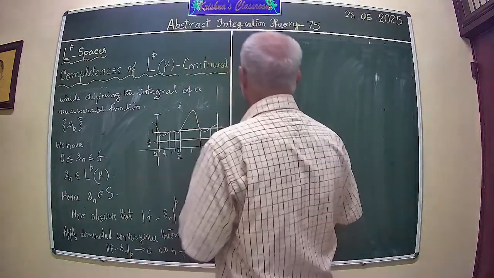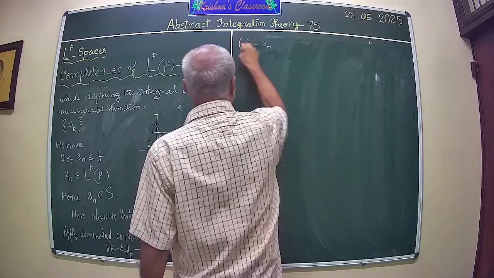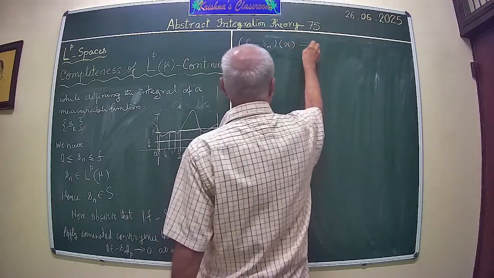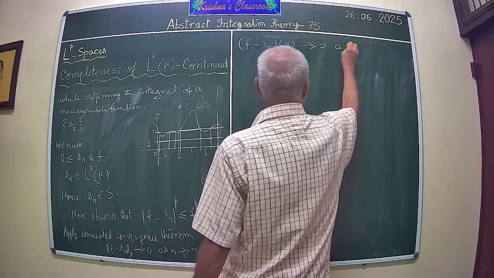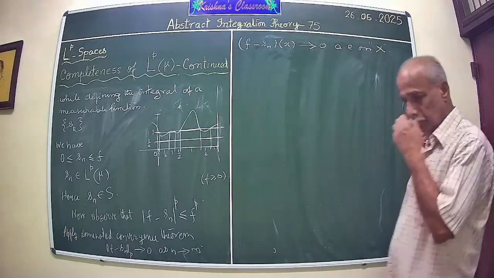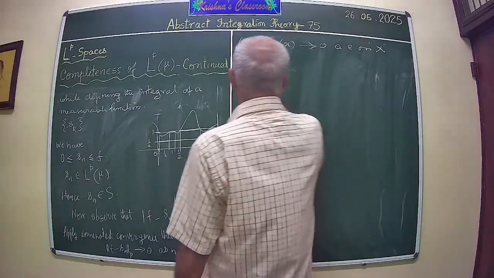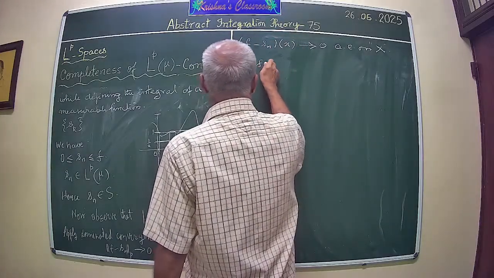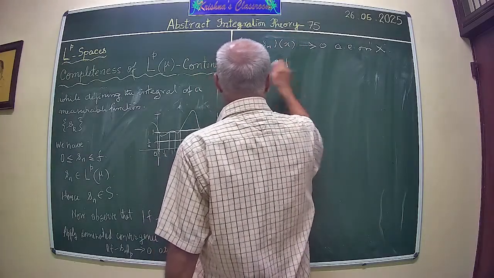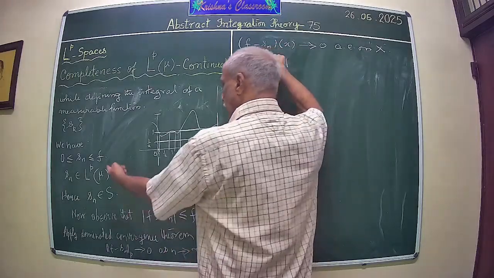So you have f minus S_n going to 0 almost everywhere by construction. Okay, and then you also have that they are all functions in S, the class that we have looked at.